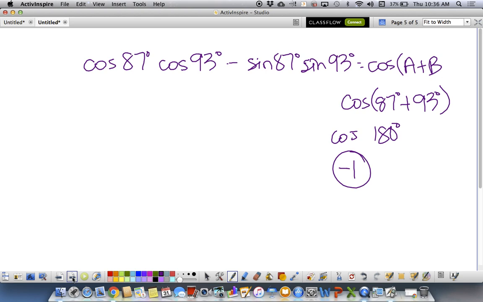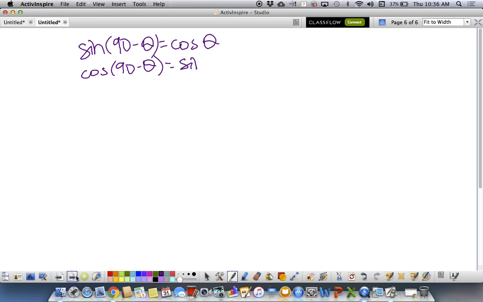Okay, what if I asked you, go back to cofunctions. Do we remember cofunctions again? Is that where they're equal with each other, the sine and cosine? Yeah, so sine 90 minus theta equals cosine theta. We could write all of them. Cosine 90 minus theta equals sine theta.